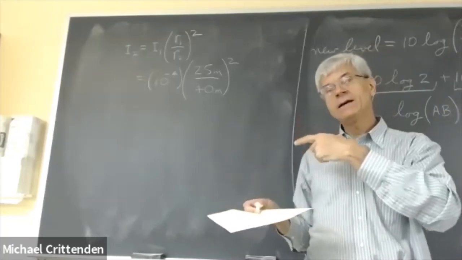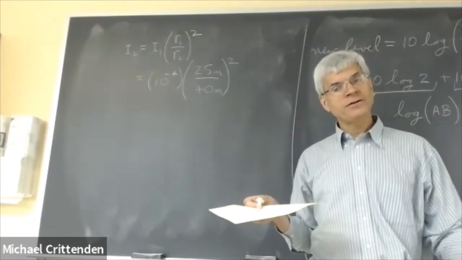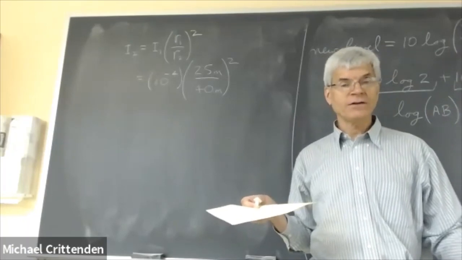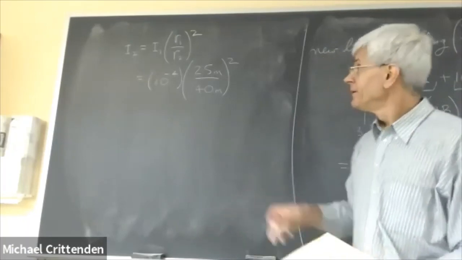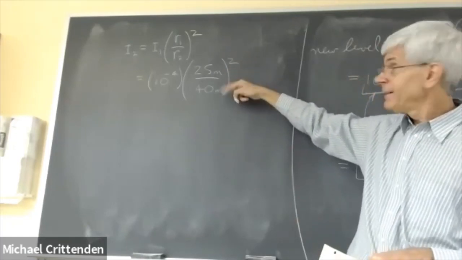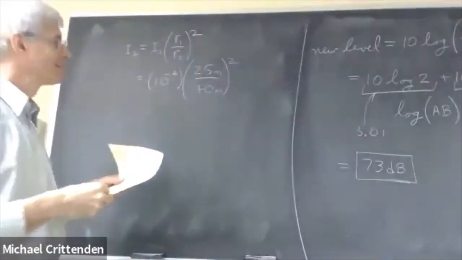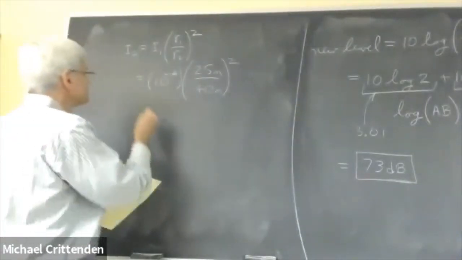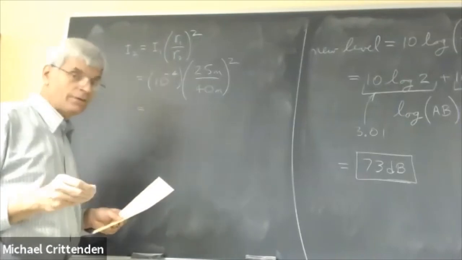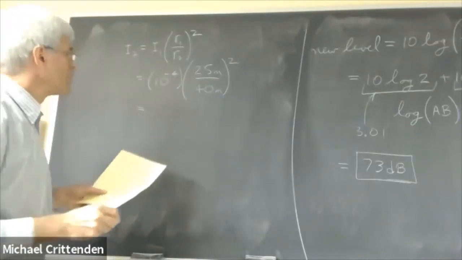I2 should be smaller than I1. If your calculations are telling you that walking away makes the sound get louder, you have almost certainly switched R1 and R2. Be alert for that kind of thing, because I have more than once used red ink for that.